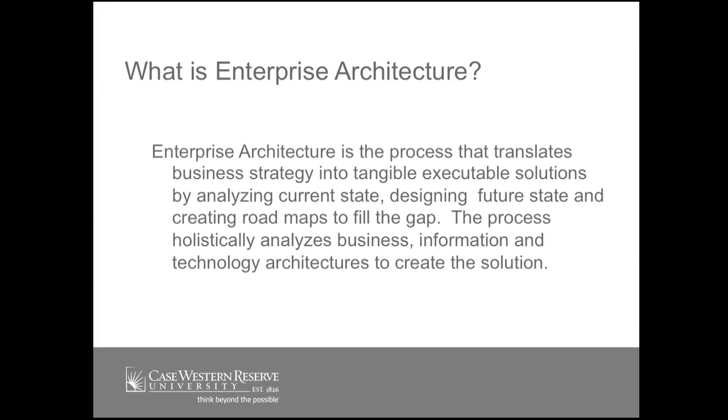Enterprise architecture is the process that translates business strategy into tangible, executable solutions by analyzing current state, designing future state, and creating roadmaps to fill those gaps. And the process holistically analyzes business information, technology, and technology architectures to create a solution. So basically what you're doing is you're looking at the whole big picture of people, process, and technology.